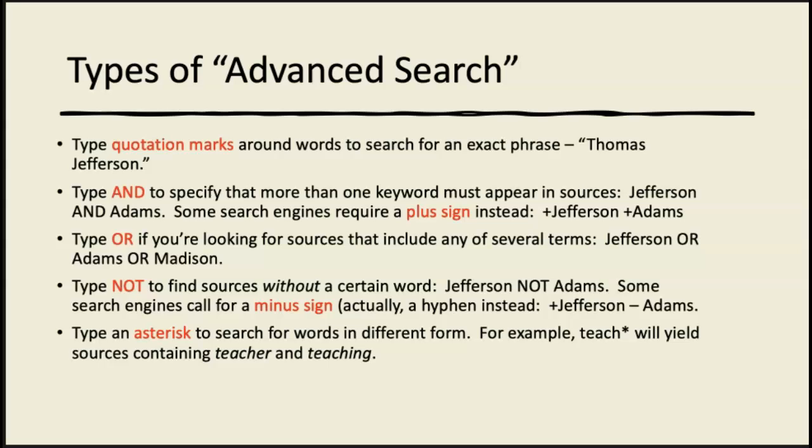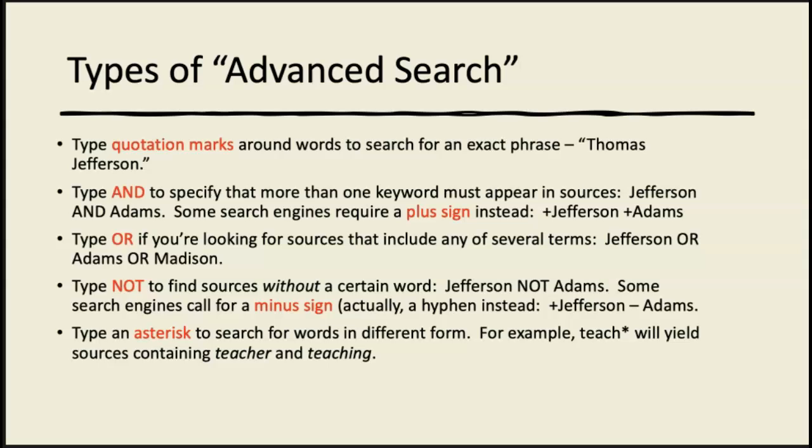Another technique you can use is the word AND, in all caps, although I have done it without all caps too. Type the word AND to specify that more than one keyword must appear in the sources. For example, maybe I'm writing a paper about Thomas Jefferson, but within that paper, I'm also going to be talking about John Adams.